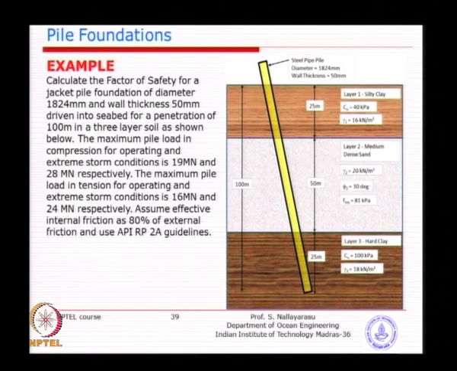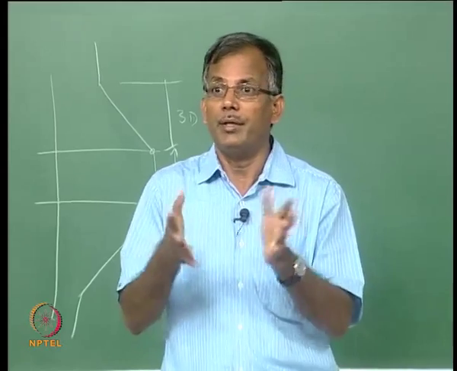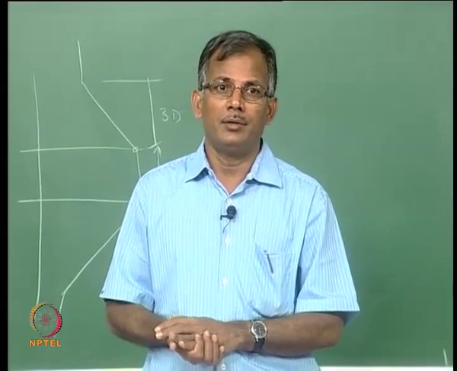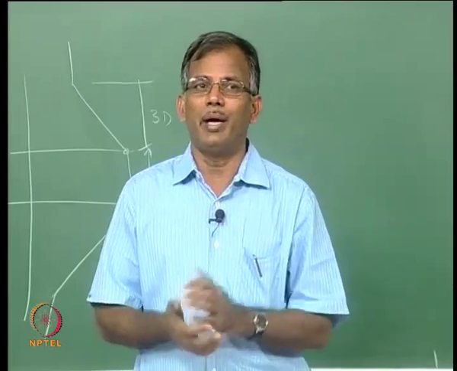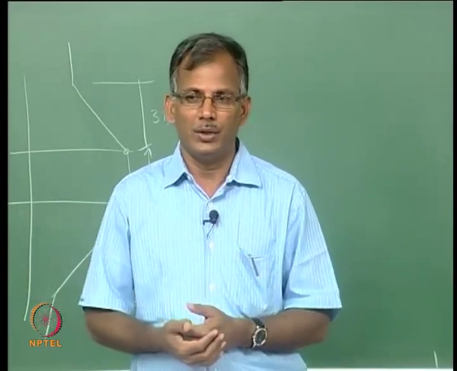If you just recollect most of the foundation design in onshore structures, something like 100 tons, 200 tons, you will be talking about 300 tons, but not more than that. Such numbers you should remember, the order of magnitude when you are designing foundations.